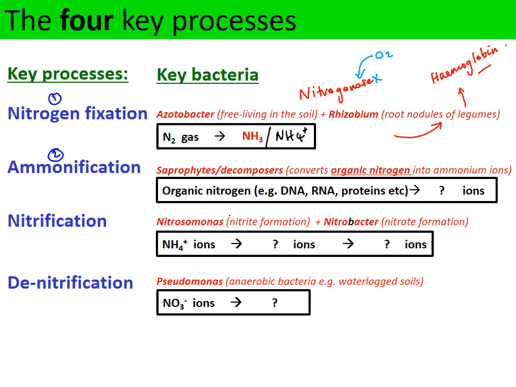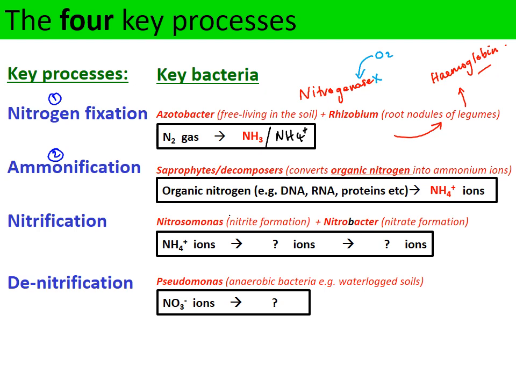The organic nitrogen is broken down enzymatically, so the DNA, the RNA, the proteins, the amino acids, the ATP will be hydrolyzed and broken down, and the organic nitrogen gets released into the soil as ammonium ions. So any dead animals or plants, when they're decomposed, we know the bacteria and the fungi break them down and we get ammonium ions into the soil.